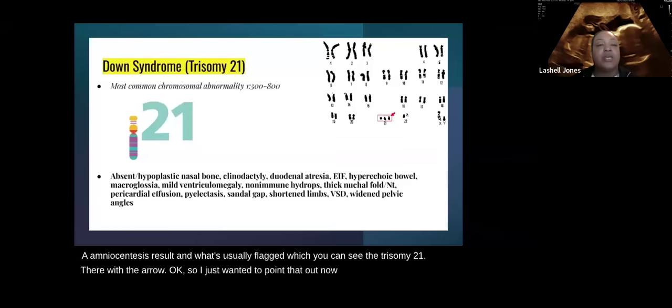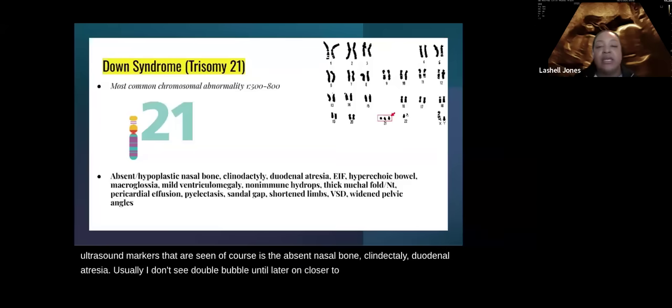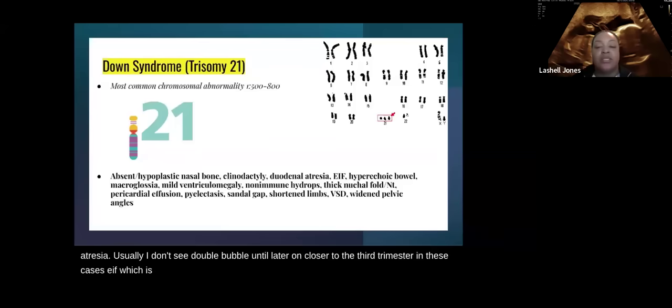Now, some of the common ultrasound markers that are seen, of course, are the absent nasal bone, clinodactyly, duodenal atresia. Usually I don't see double bubble until later on, closer to the third trimester in these cases. EIF, which is the echogenic focus in the heart, hyperechoic bowel, macroglossia.